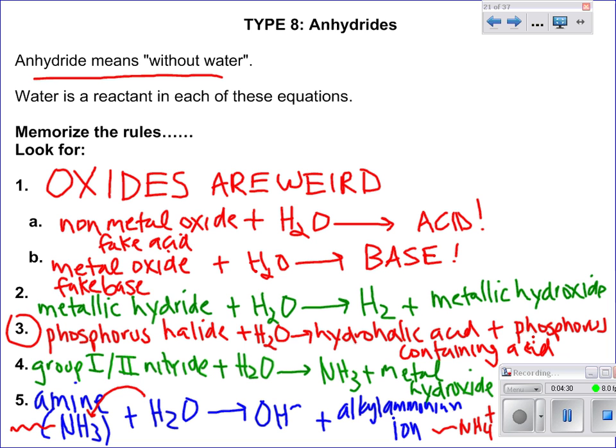That squiggle can vary, but all we're doing is throwing the H onto the NH3, making NH4+. And that's what this alkyl ammonium ion is. This is the alkyl portion. That's the ammonium. And we're actually going to do a practice problem with that.